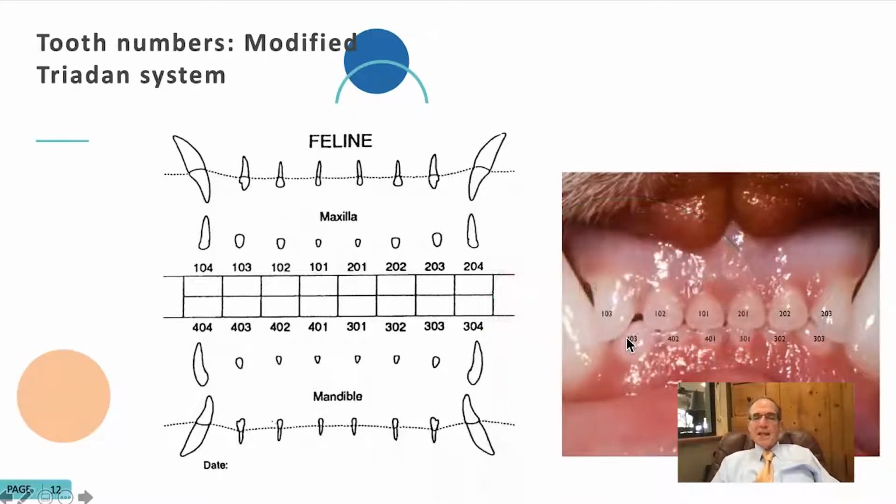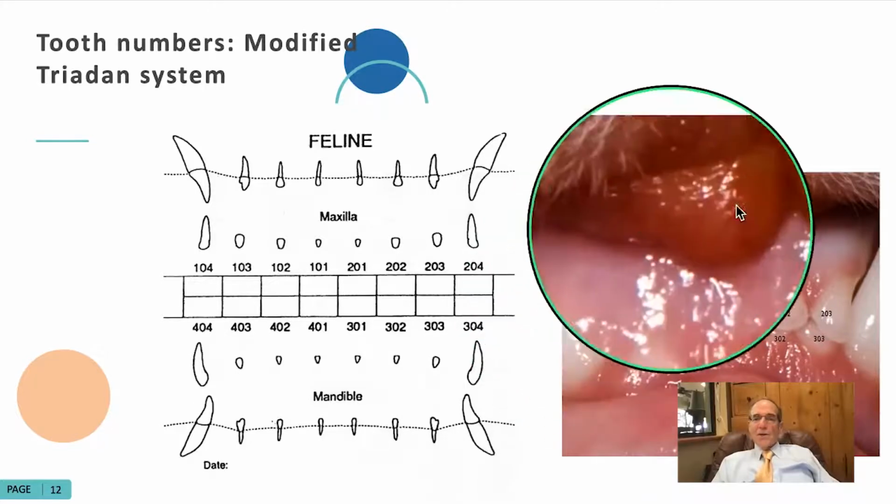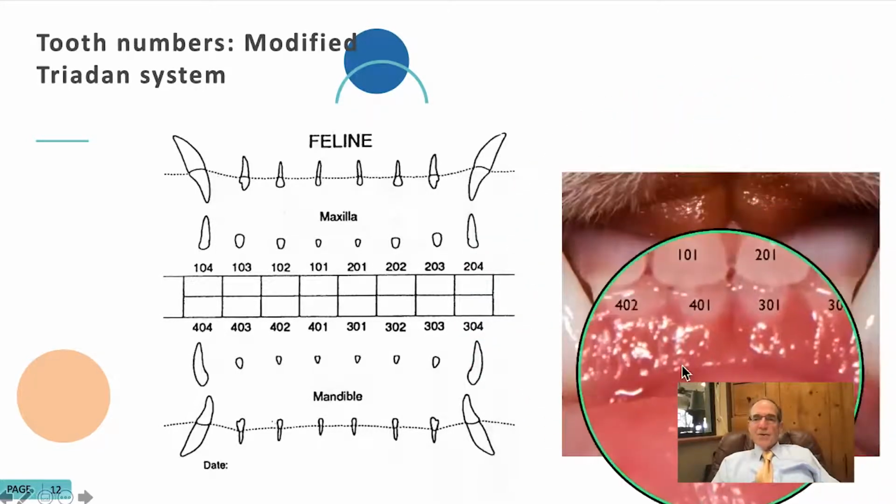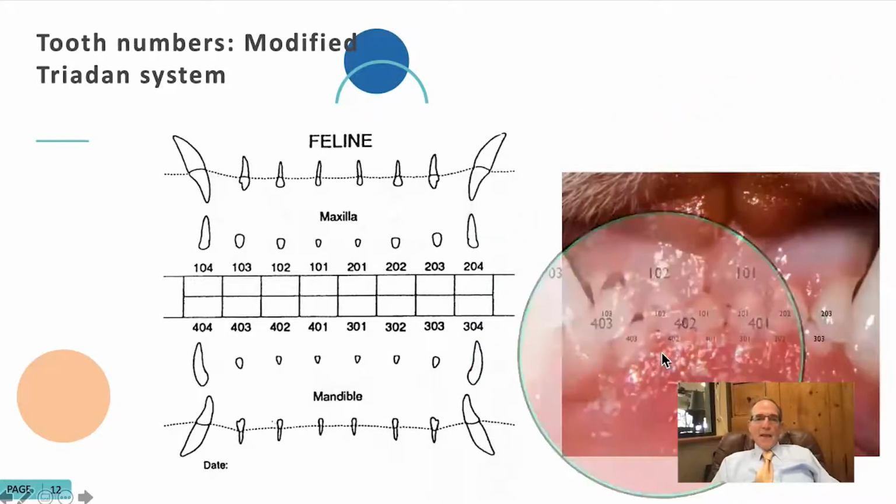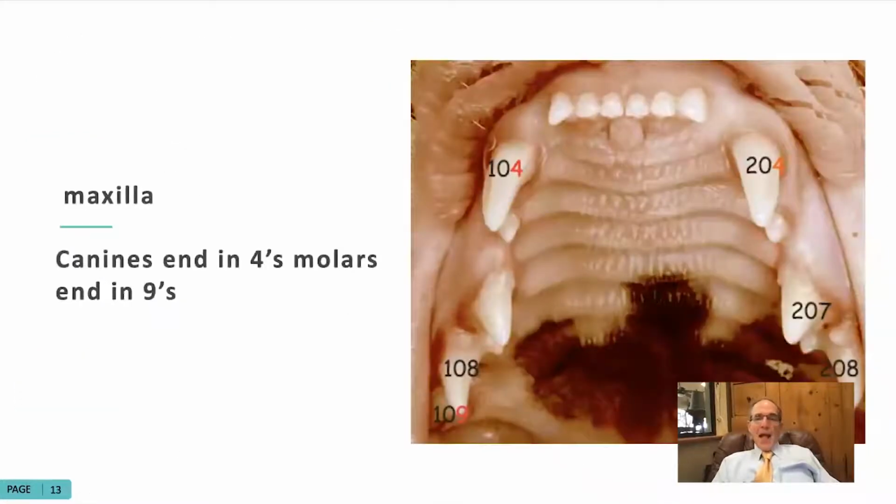And to make it easy, I know it starts in the right maxilla, and I make it like a clock. So it goes the 100 series, 200 series, 300 series, 400 series. In the maxilla and the mandibles, all the canines end in 4s, and all the molars end in 9s.